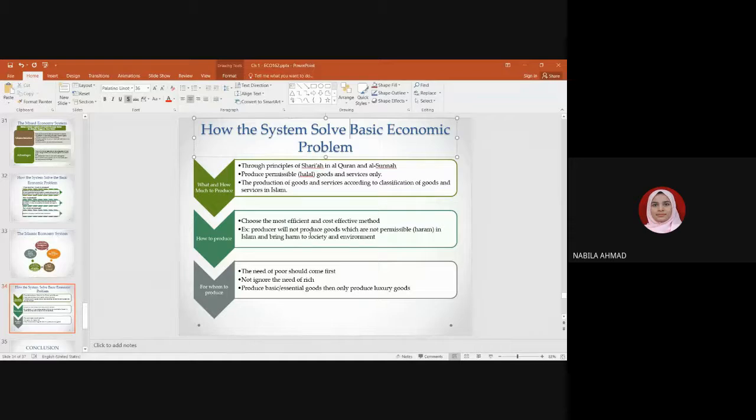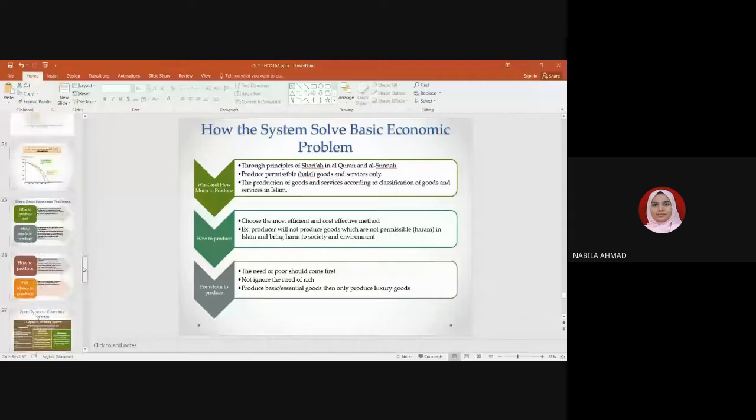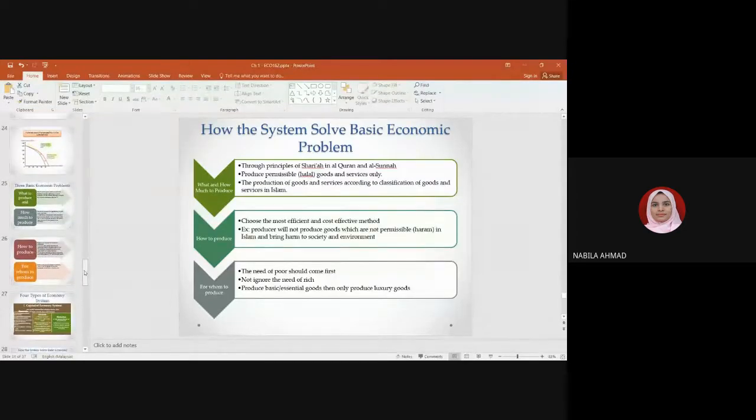Of course, kalau orang Islam dia akan fulfill the need of the poor dulu, and then dia juga tidak ignore the rich. So dia akan produce basic atau essential goods dulu, then only dia akan produce luxury goods. Right? So these are the basic economic systems. So habislah chapter ni.